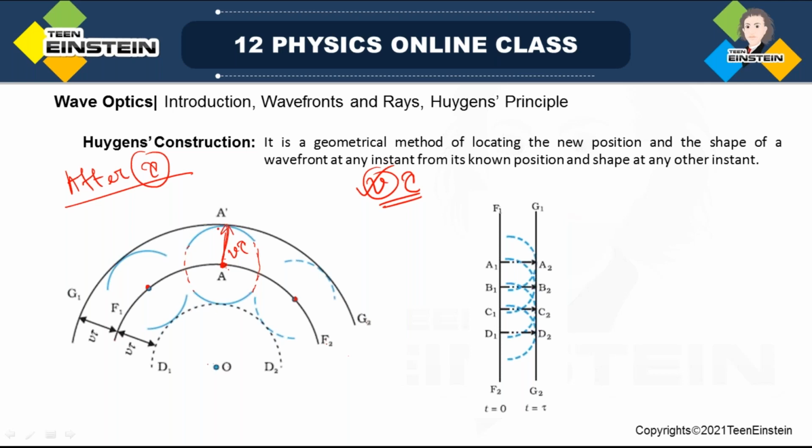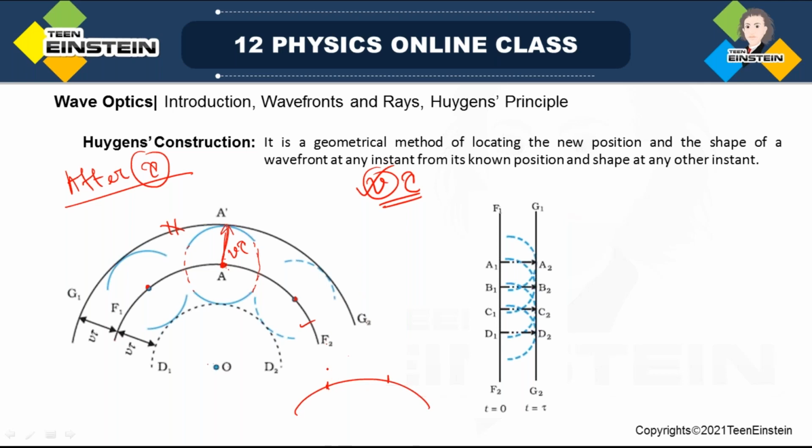So with this radius v tau, I am drawing a circle. First you have this, then I'm locating points, and they will create spherical wavefronts.